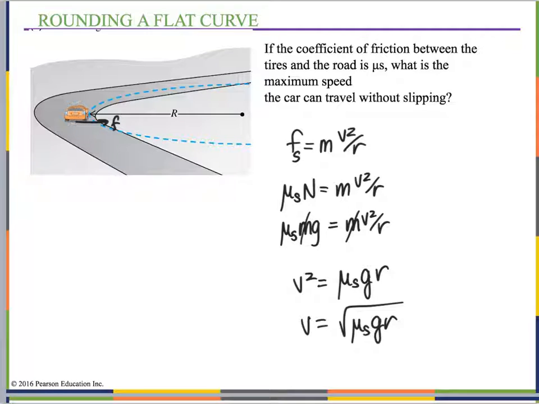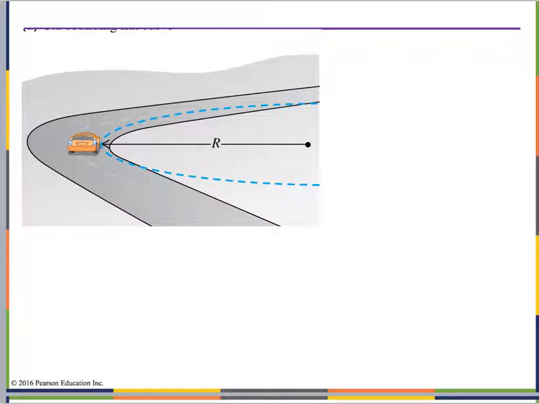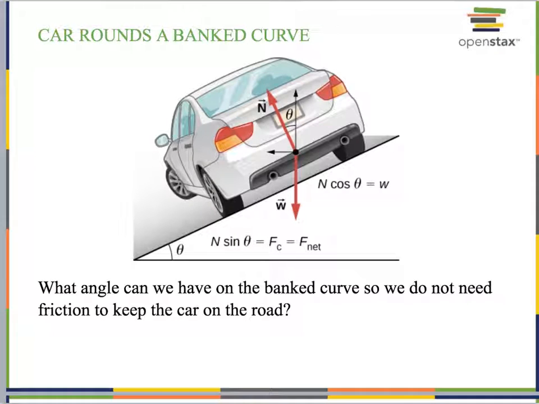And then I just want to take a look at the banked curve, because this is the one situation where they don't tilt the coordinate axes when you have the inclined plane. The banked curve they're really treating as an inclined plane, but they're still keeping the y-axis and the x-axis in their normal orientation. And then pointing out that the normal force will have two components.